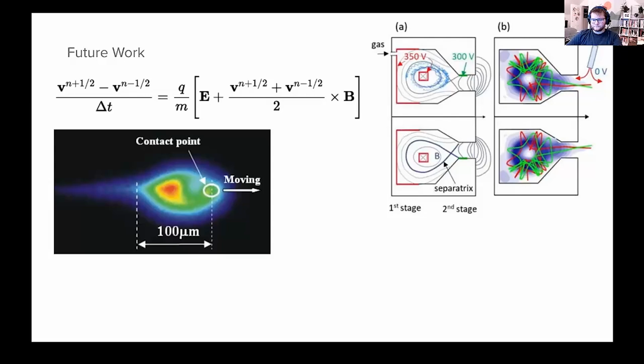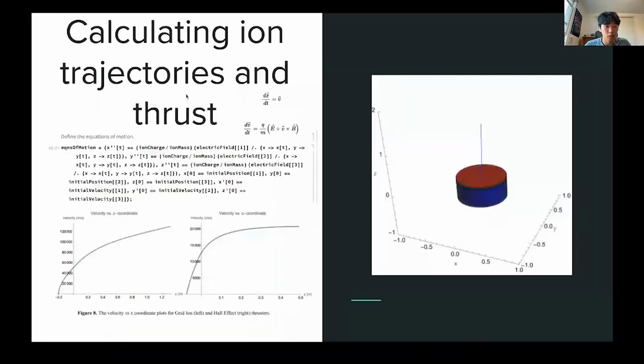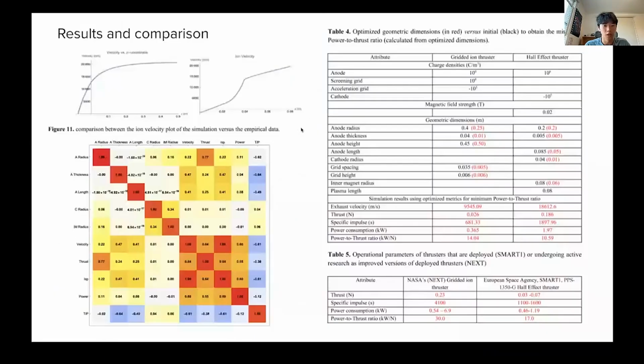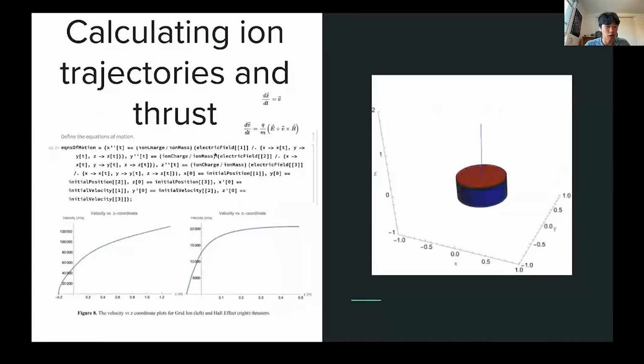Yeah, definitely. Because basically, the Boris push method, this is over here, the v n plus 1/2 minus v n minus 1/2, is very similar to my current method. What I'm doing is the one here, dv over dt is q over m times E plus v cross B. All I really need to do is change the equations of motion within the acceleration.